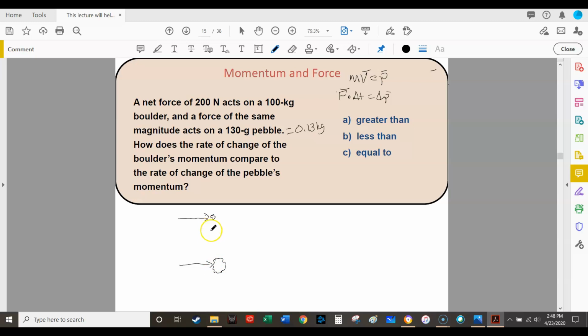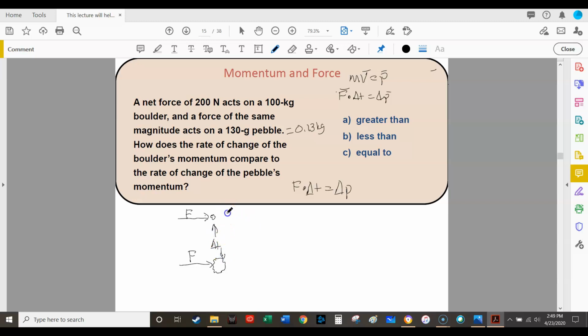So the same force, and over the same period of time, okay, so they're having the same period of time, right? So the same force is acting on both objects over the same period of time, and they're basically saying compare the rate of change of momentum. So what I'm going to say is this. I'm going to put it in context. You're applying the same force over the same delta t for both objects, right?